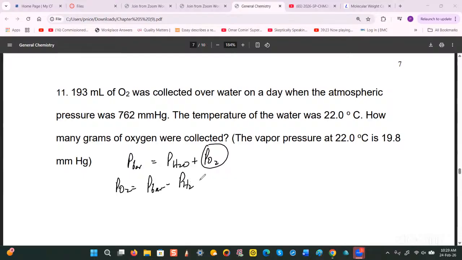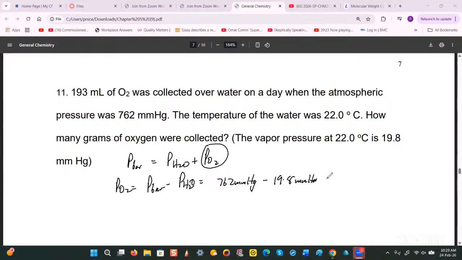So that would be equal to the barometric pressure, which is 762 millimeters mercury, minus the vapor pressure of water, which is 19.8 millimeters mercury.